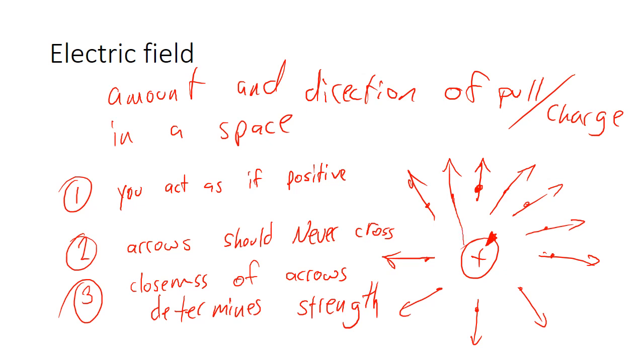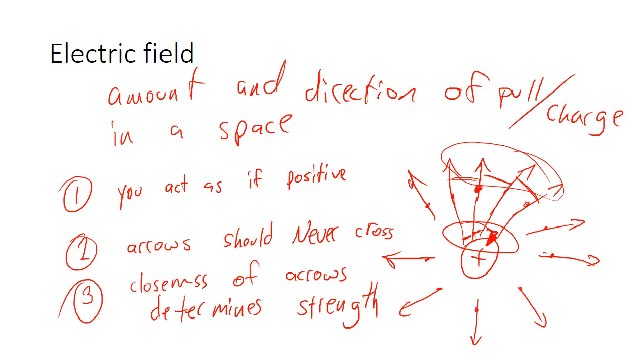If we extended these down to here, do you see how these are very close to each other compared to over here when it's much further apart? Since they're closer to each other, that means they're stronger. So you're going to have a stronger push in this area, which makes sense because you're closer to the charge than you will in this area, because that's a much more spread out for the arrows.